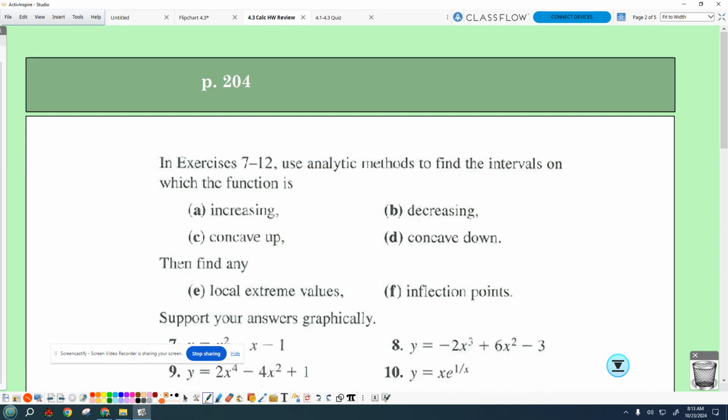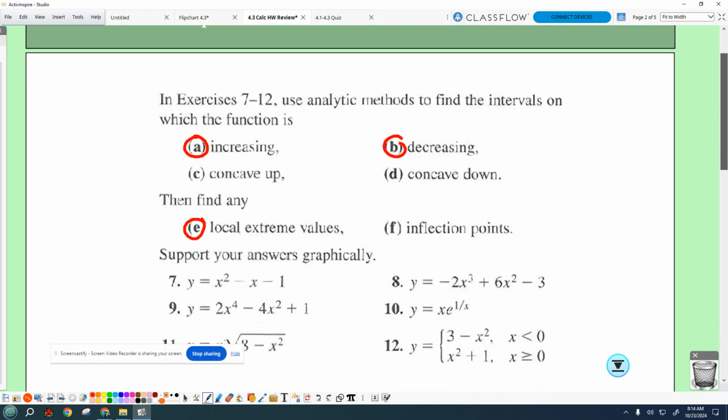Some of these, doing the double derivative of some of them are just horrendous. I have done them, I don't recommend it.